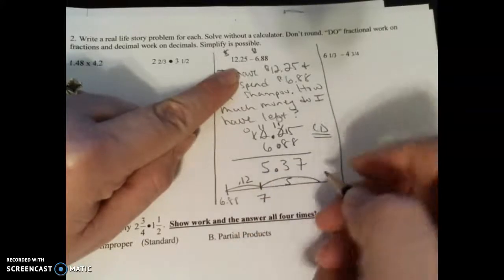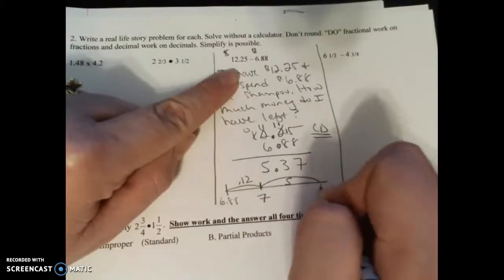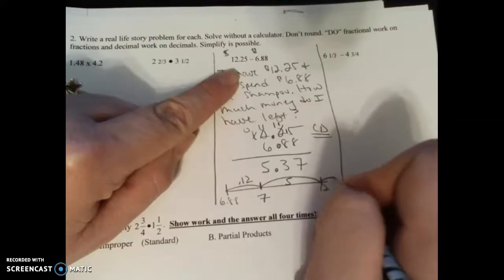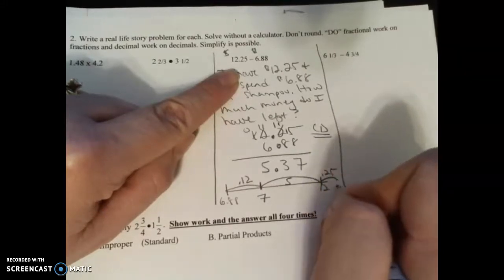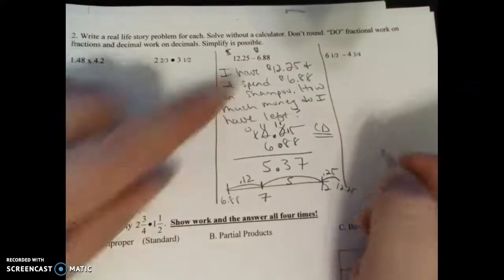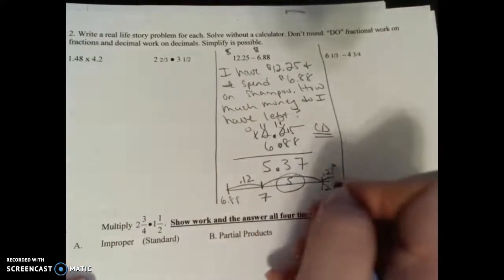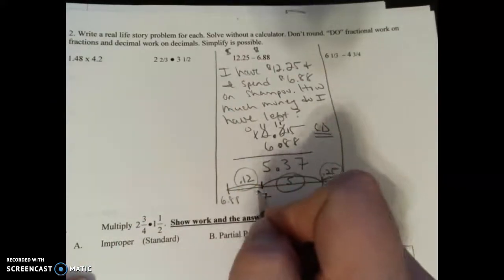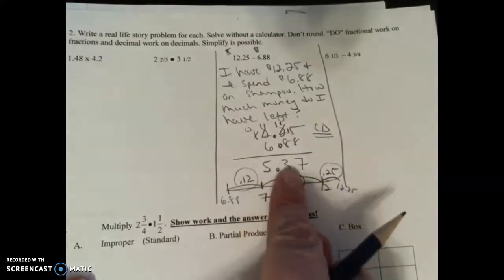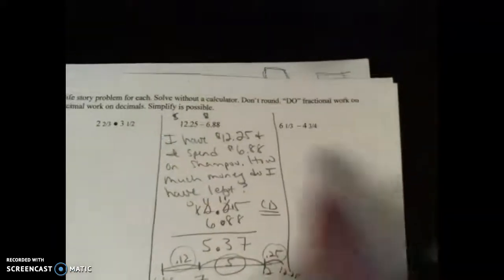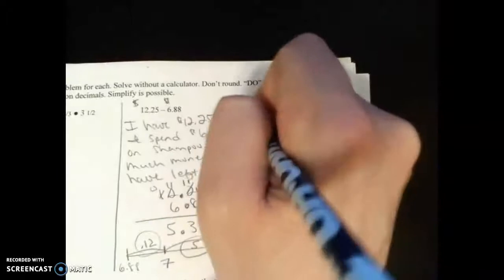Another 5 would get me up to 12. And another 25 cents would get me up to my 12.25. And so if I added 5 and then let's see, 25 cents and 12 cents make 37 cents, I'd still get $5.37, okay?